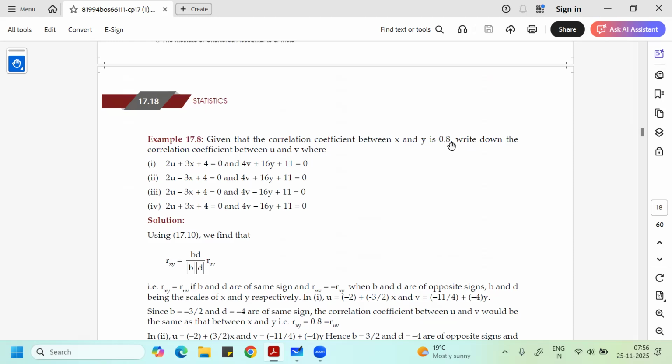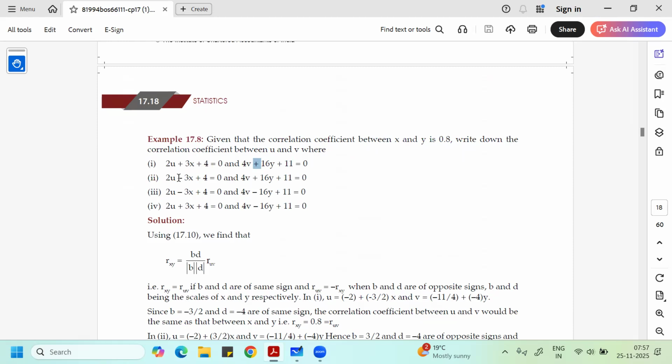The r of xy is 0.8, and we have to find r of uv. Now see the signs attached to u and x, and compare with v and y. Both signs are plus, the same sign. So r of xy is 0.8, so r of uv will also be 0.8.